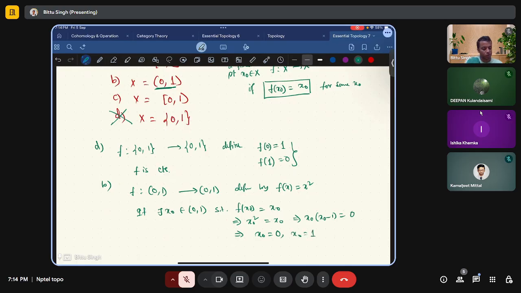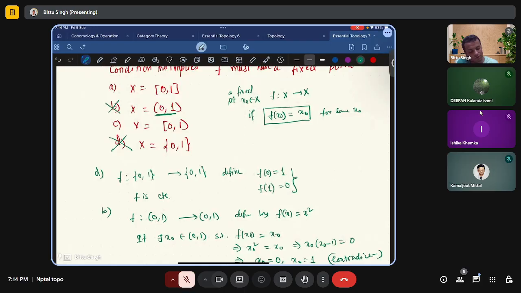But you can see the domain does not contain 0 or 1. So it is a contradiction. Therefore f has no fixed point. So this is also false.